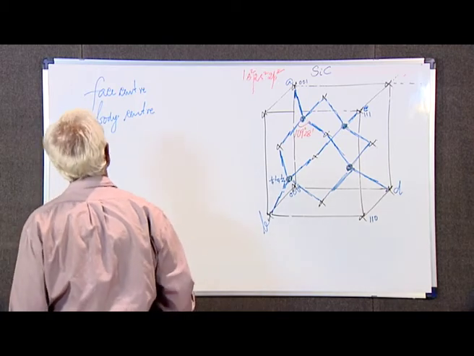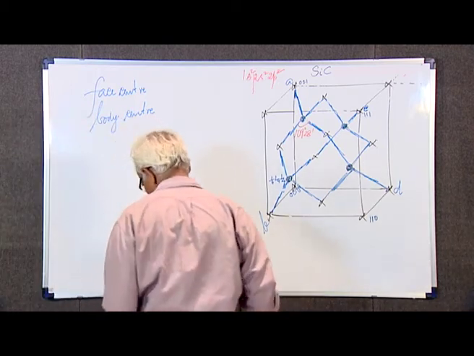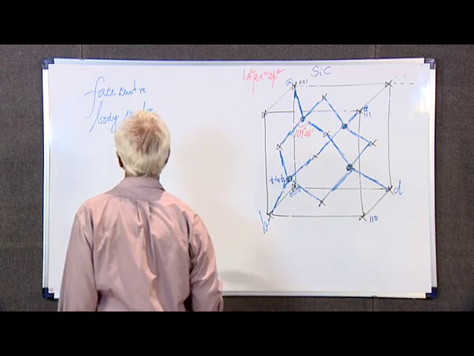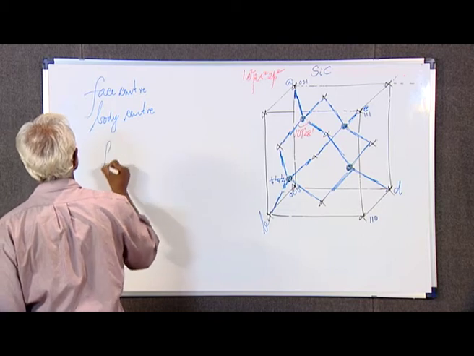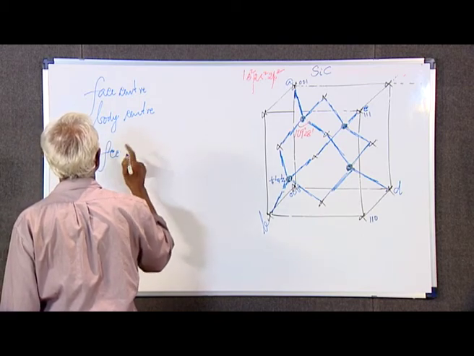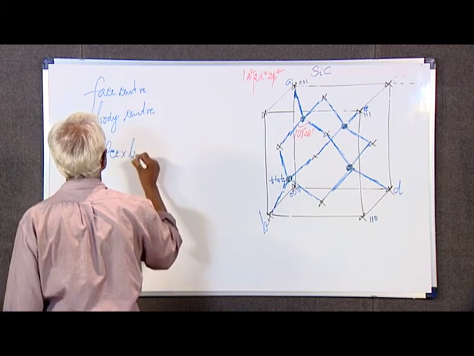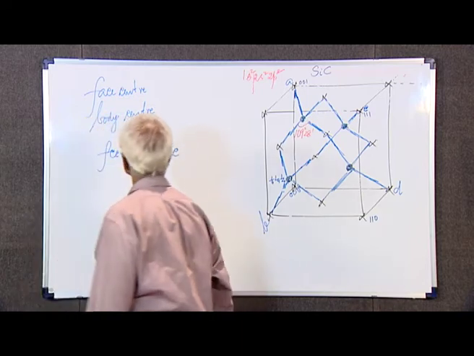I will give a mathematical idea which one can easily develop. FCC into BCC equal to simple cubic.